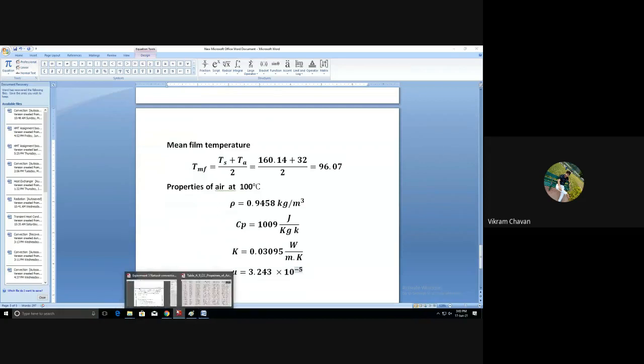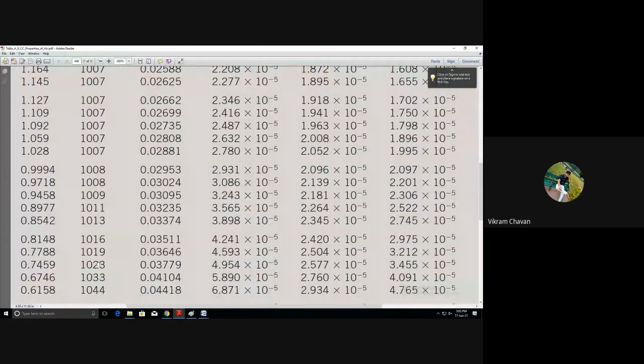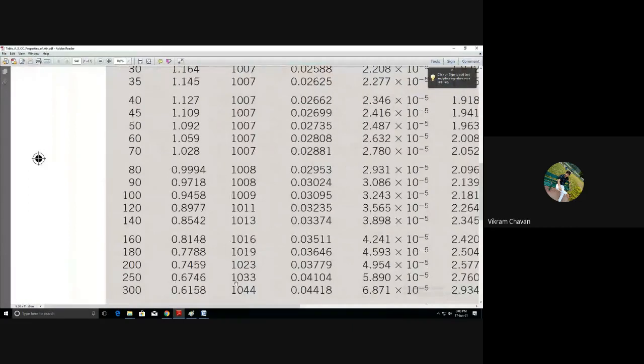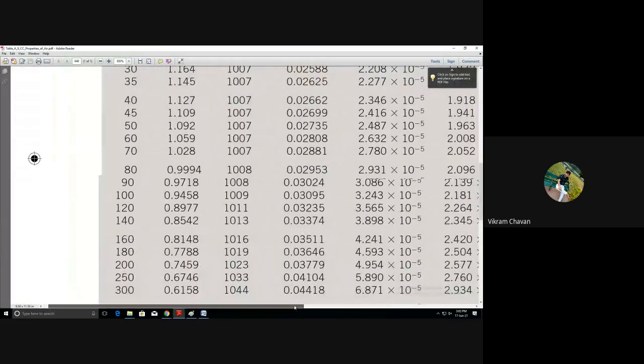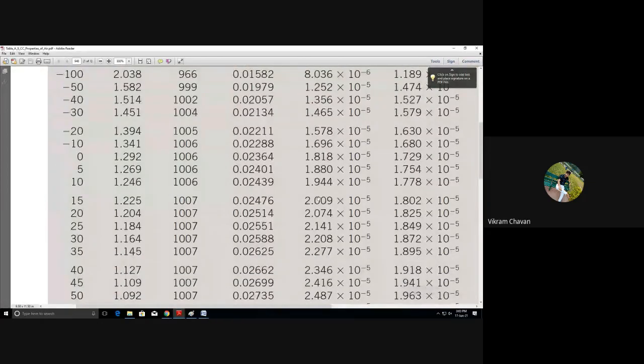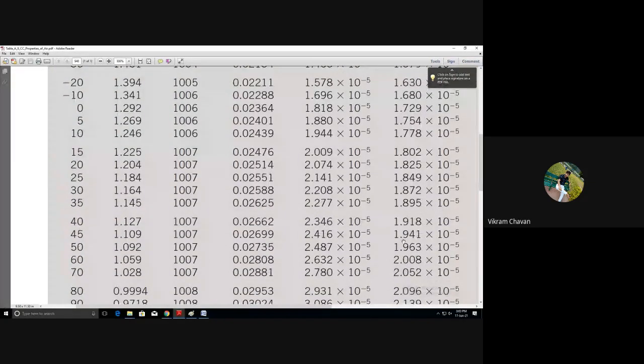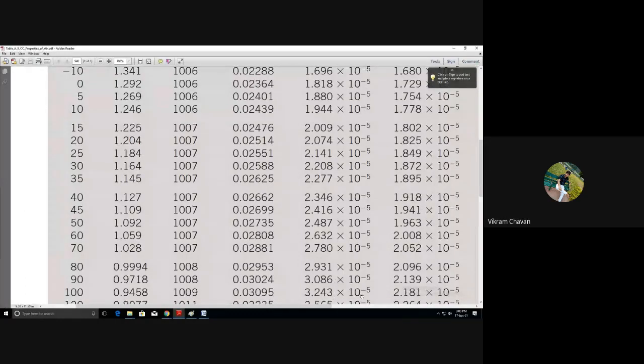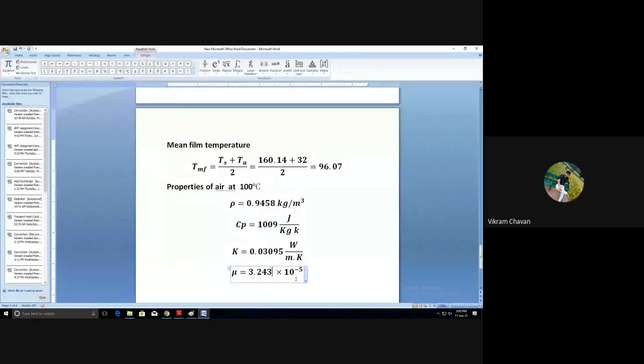Okay, and then next, it is thermal diffusivity. And the value is 2.181 into 10 raised to minus 5.